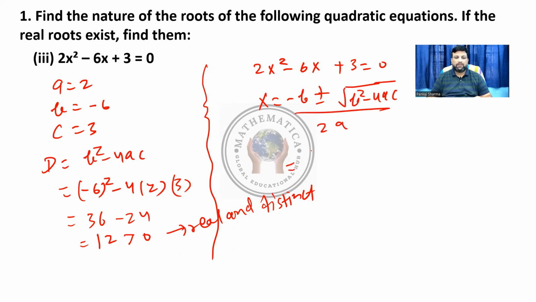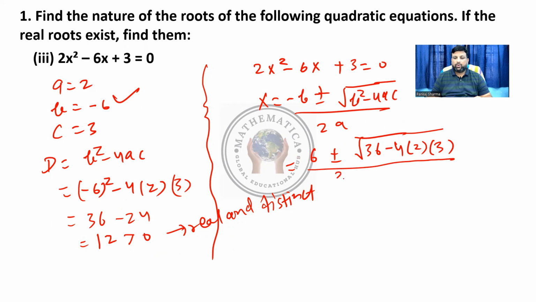Here b is −6, so −b becomes +6, ± √(36 − 4ac), where a is 2 and c is 3, divided by 2 into 2.